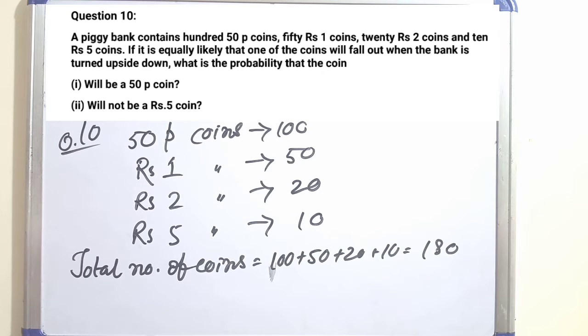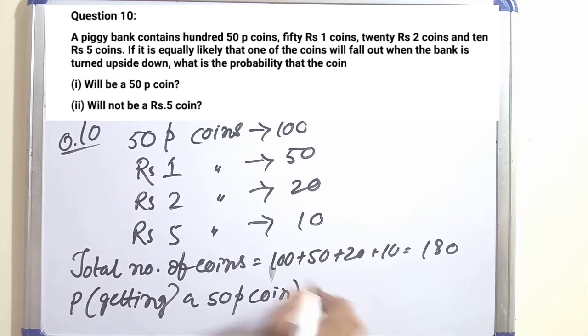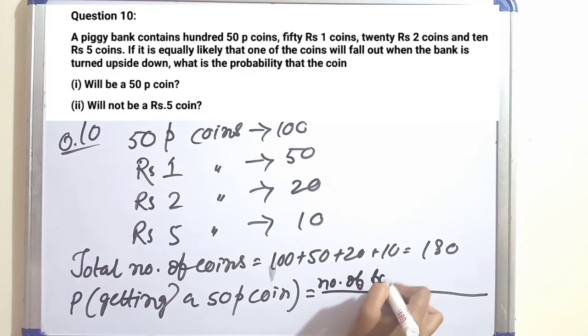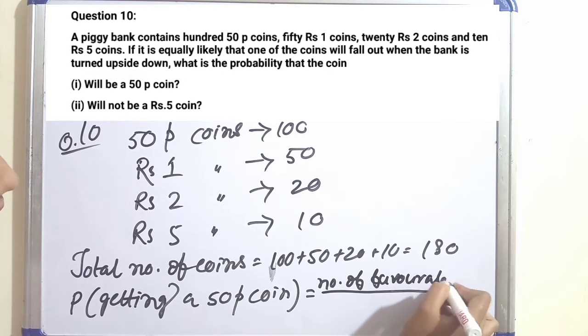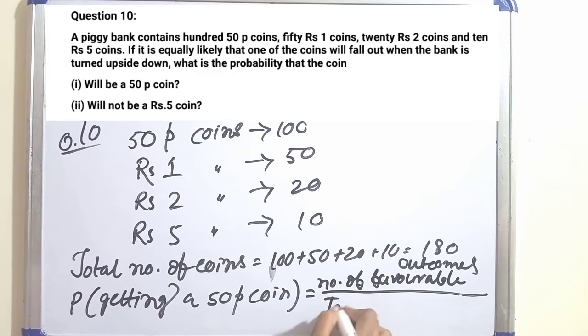So you have to find the probability of getting a 50 paise coin. Probability of getting a 50 paise coin is equal to number of favorable outcomes upon total number of outcomes.